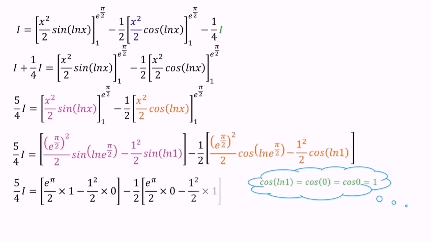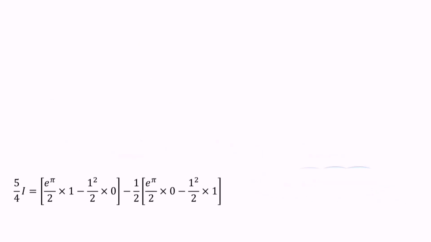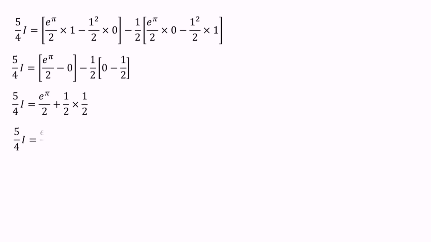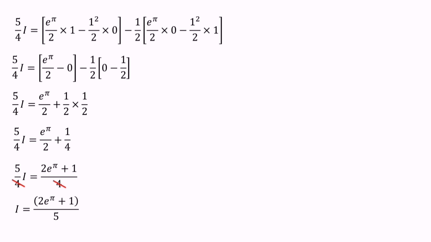Now we can remove the brackets: e to the power of pi over 2 plus 1 over 4. Now we can get a common denominator of 4. After that we can cancel out the denominator 4. Finally we can get capital I as 2 times e to the power of pi plus 1 over 5.